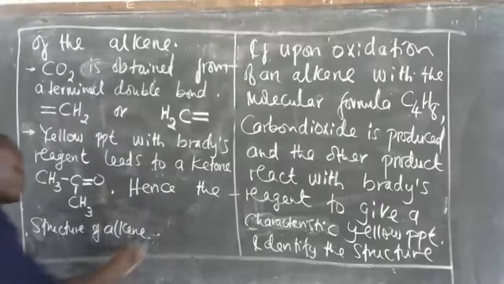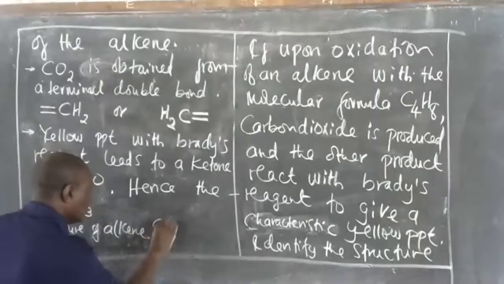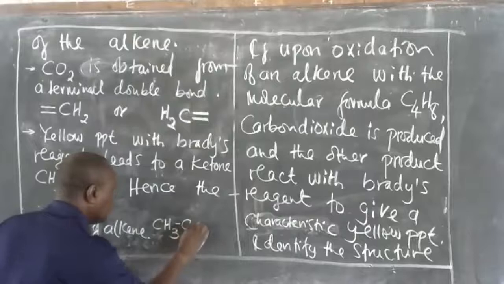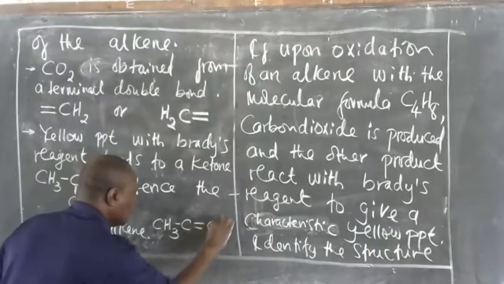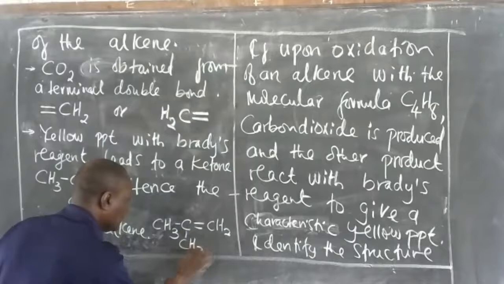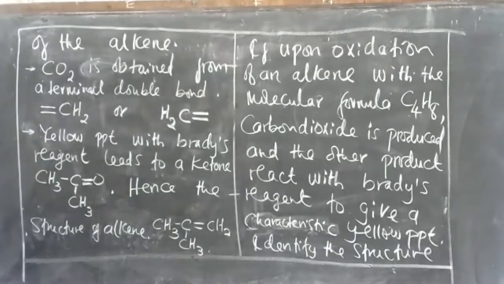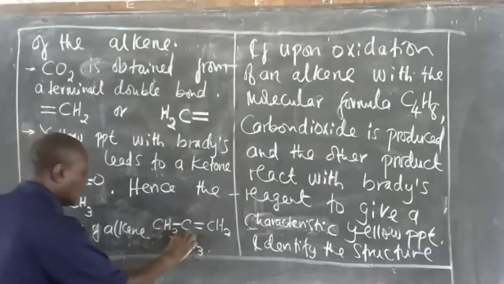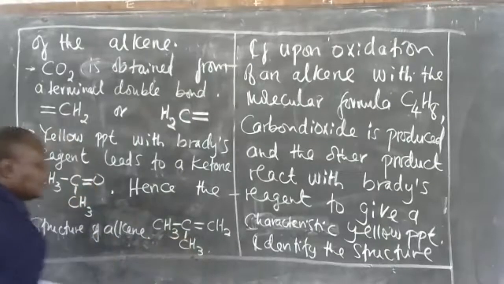So the structure of the alkene is going to have CH3, C double bond, CH2, and then CH3. So that one's going to be the structure of the alkene.